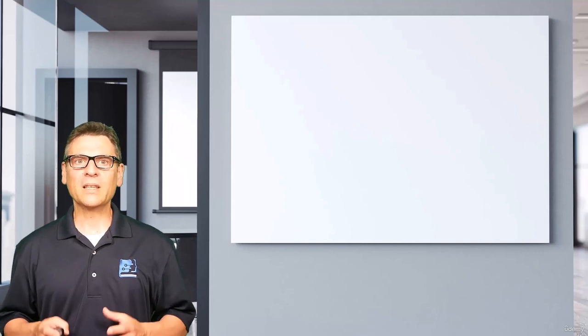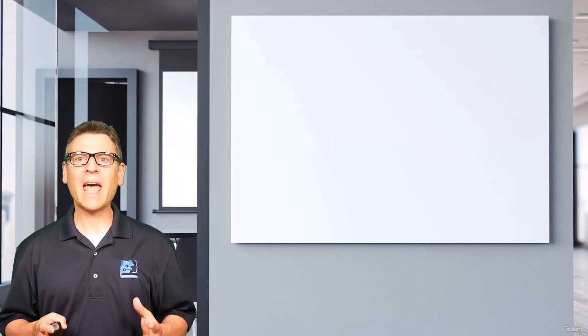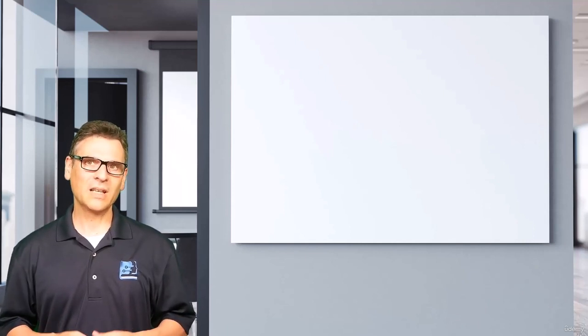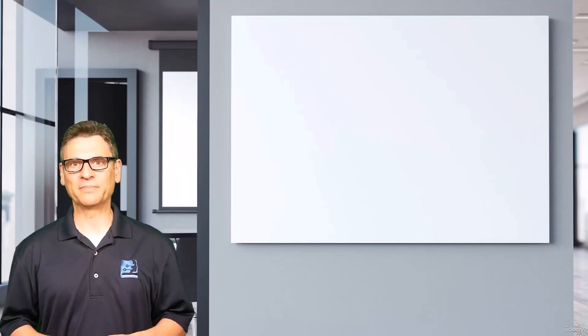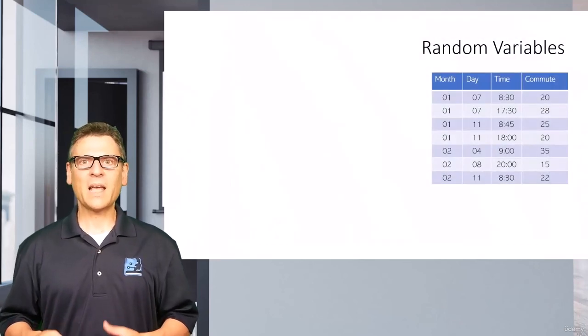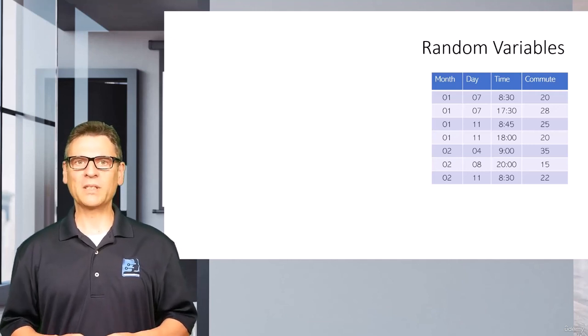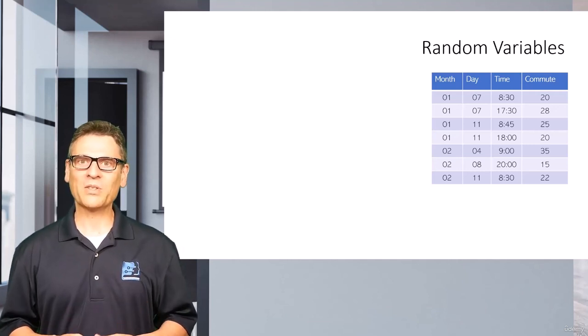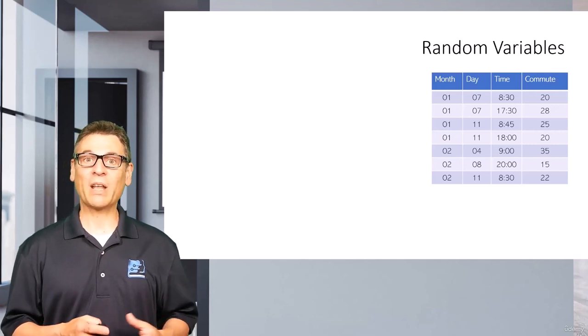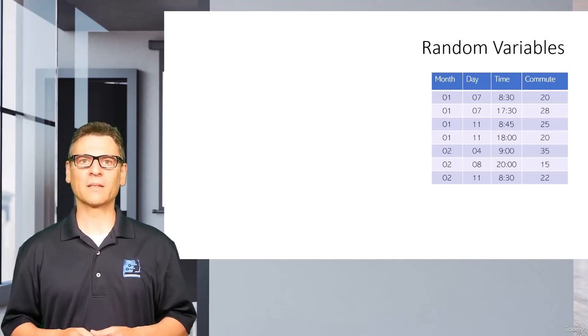What we are doing is taking measurements of the reality we are interested in, the commuting reality. Here is a snapshot of the data collected during the year with the various commuting times. Congratulations! You just created a random variable of your commute.